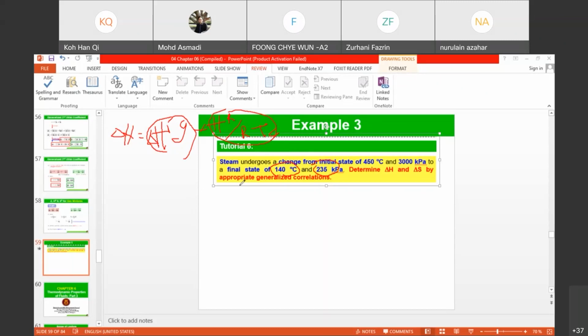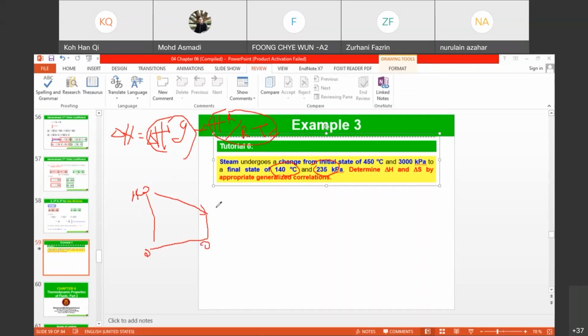Sorry, because it's entered at 450. Sorry, not triangle. It should be like this, the hypothetical path. So 140, this one is a standard condition.